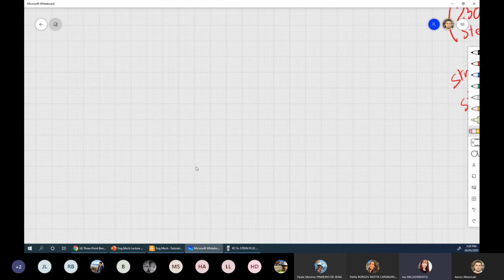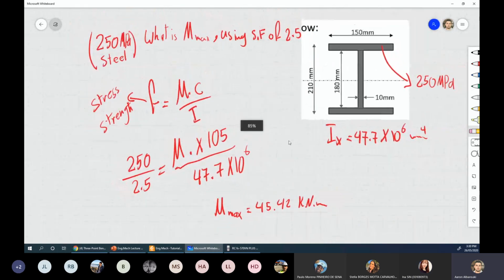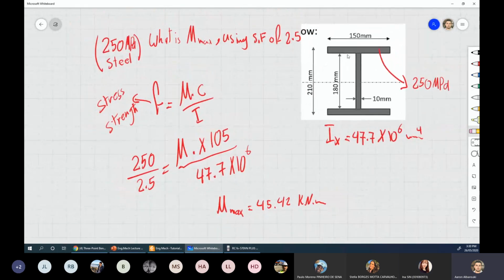Carol: I'm just confused, because if we have a bigger moment, it means we need to change the member size, a larger member, and then it means it's going to be more safe. That's correct, but that wasn't the question. The question the client was asking: he already has this member.